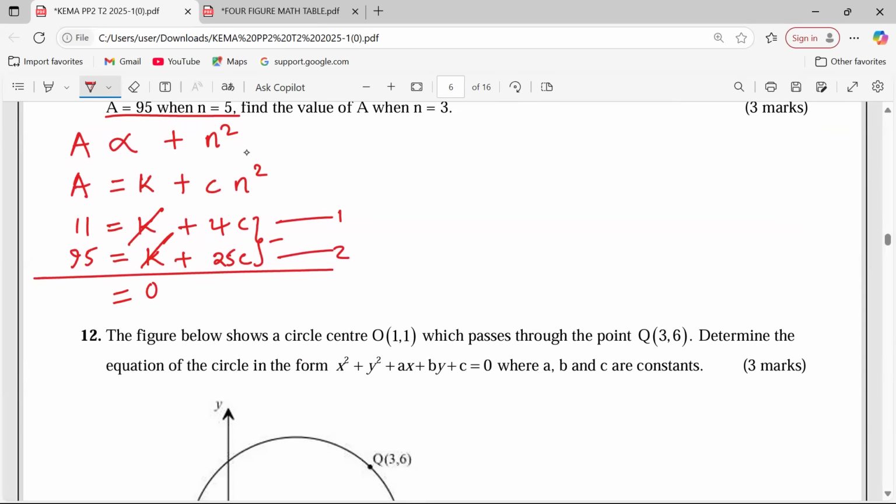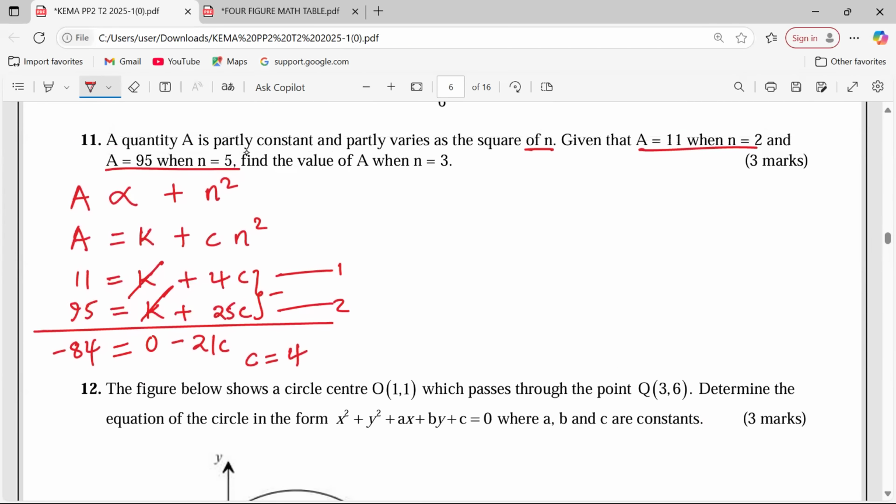Then 4C minus 25C becomes negative 21C. What about 11 minus 95? This gives us negative 84. So the value of C now shall be, the negatives will cancel, 84 over 21 becomes 4. The negatives have cancelled. So the value of C is 4.